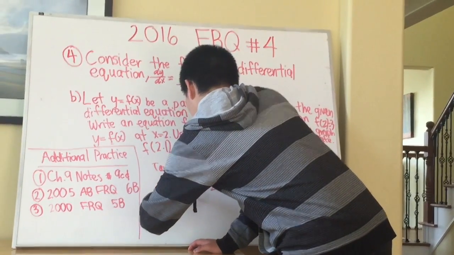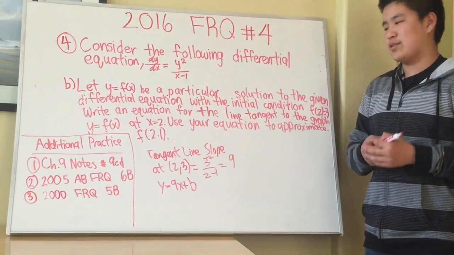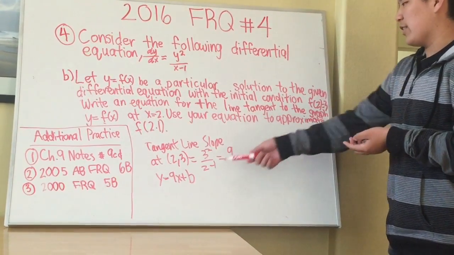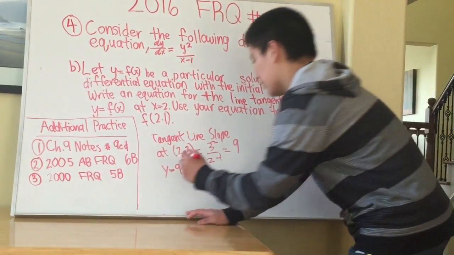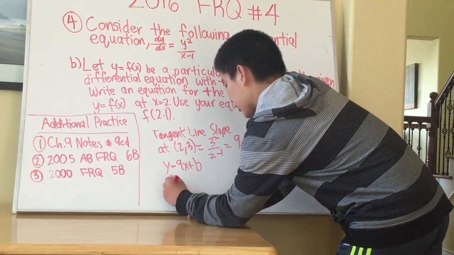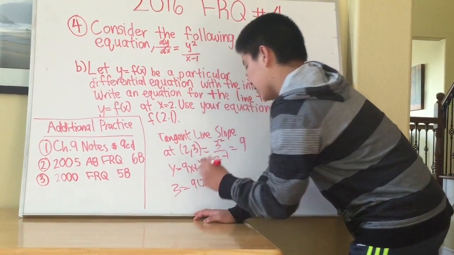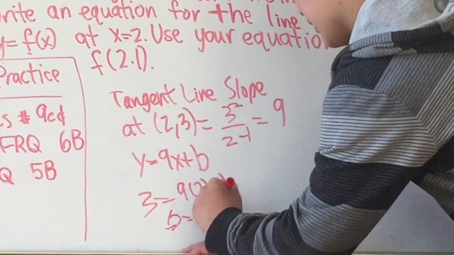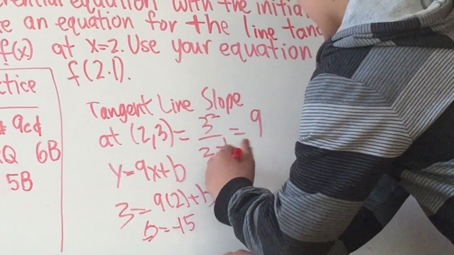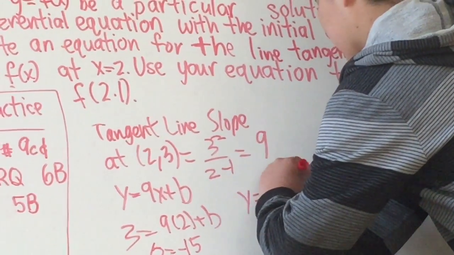And then we know our tangent line is in the form of y equals 9x plus b. In order to find the value of b, all we have to do is use our initial condition. So y equals 3, 9 times 2 plus b is the solution. So b equals negative 15. So in the end, the tangent line is just y equals 9x minus 15.